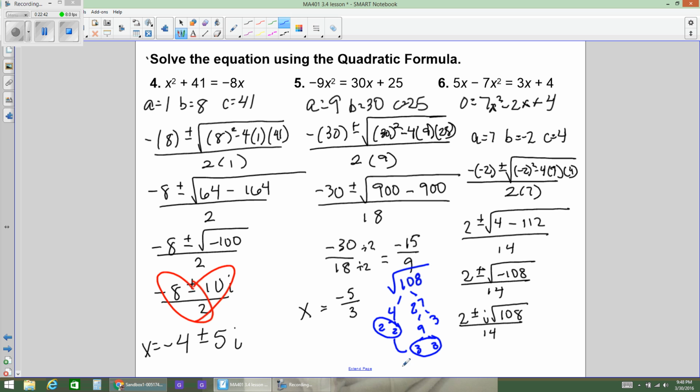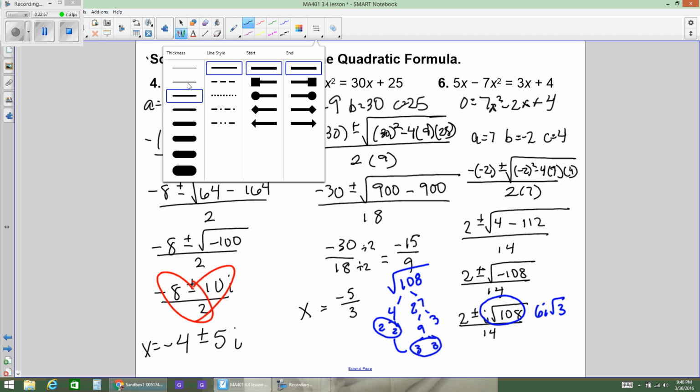The 3 and the 2 multiply to make 6, so this is 6 rad 3 right here. 6i radical 3 is in this place. I'm running out of room a little bit, so I'm not going to rewrite it. I'm just going to go with the flow here. So I am going to share the love.